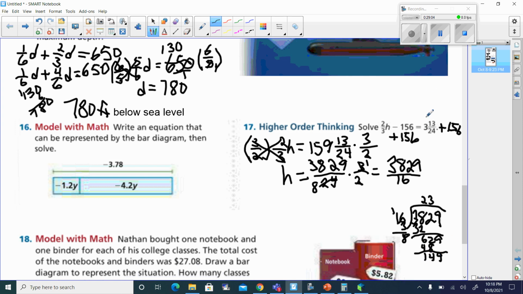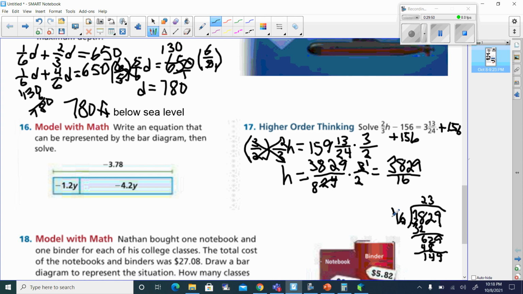All right, and now we have to see how many times 16 goes into 149. Wow. Well, this is really close to 160, isn't it? I don't think it's going to be 10. If I multiplied 16 by 9, then that's going to be 6 times 9, which would be 54 with a 5 over here.